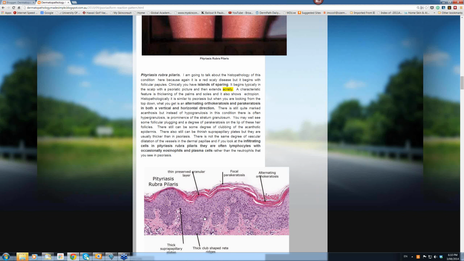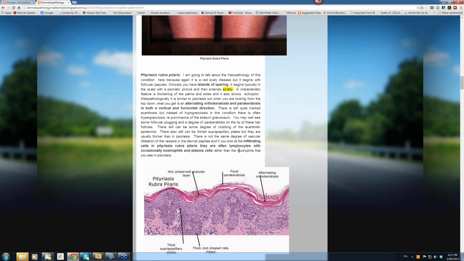A characteristic feature you get, and we're not showing it here, is plugging, that follicular plugging clinically. What you see is some parakeratosis at the lip of those hair follicles and some plugging in the hair follicle itself. It says here there can still be some thinnish suprapapillary plates, but generally they are thicker than you'll see in psoriasis, and there isn't the same vascular dilatation, nor the same neutrophils in these dermal papillae.